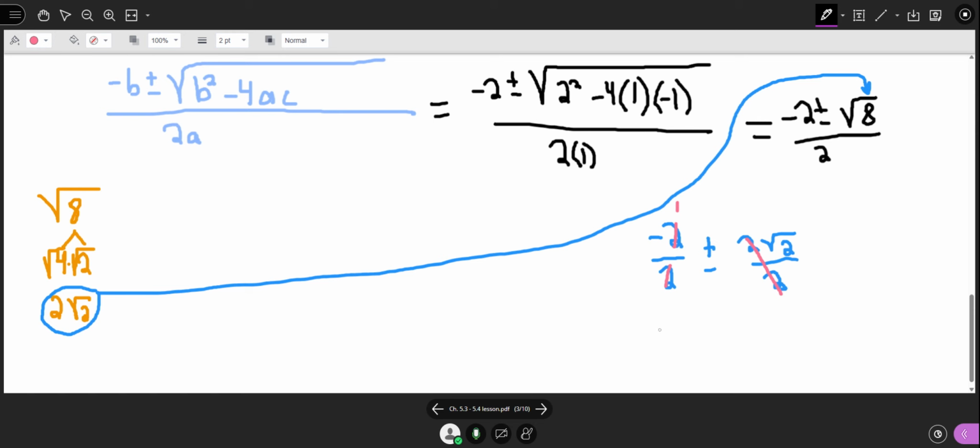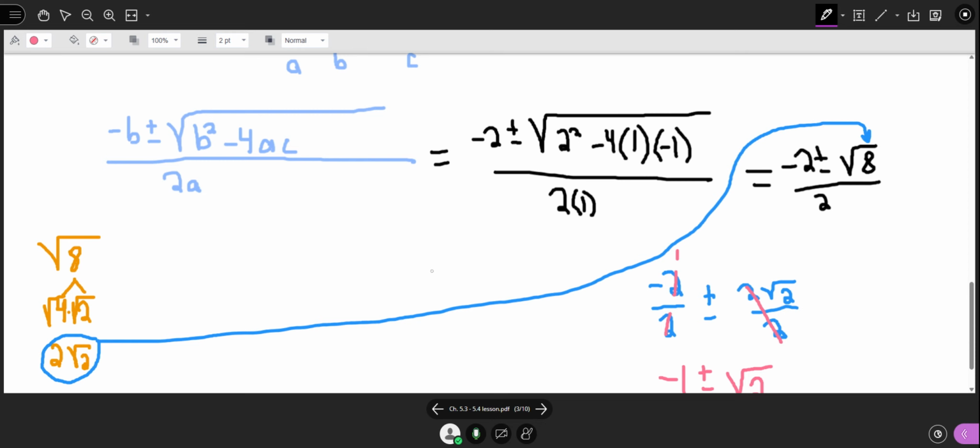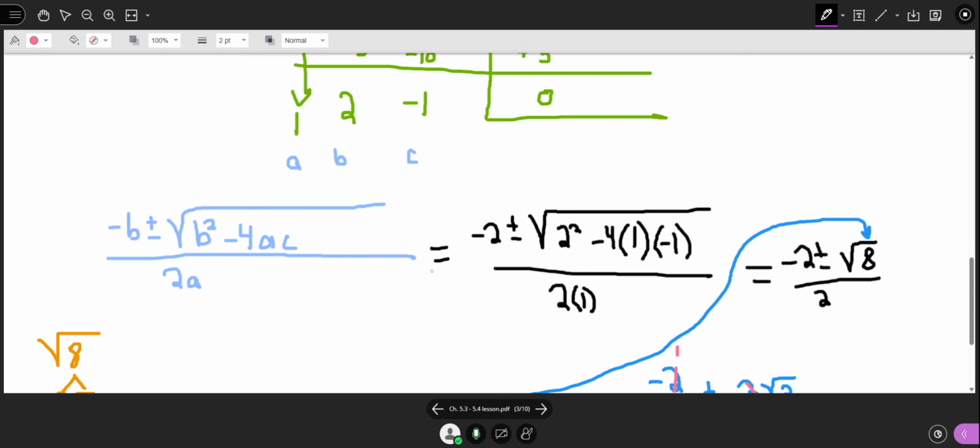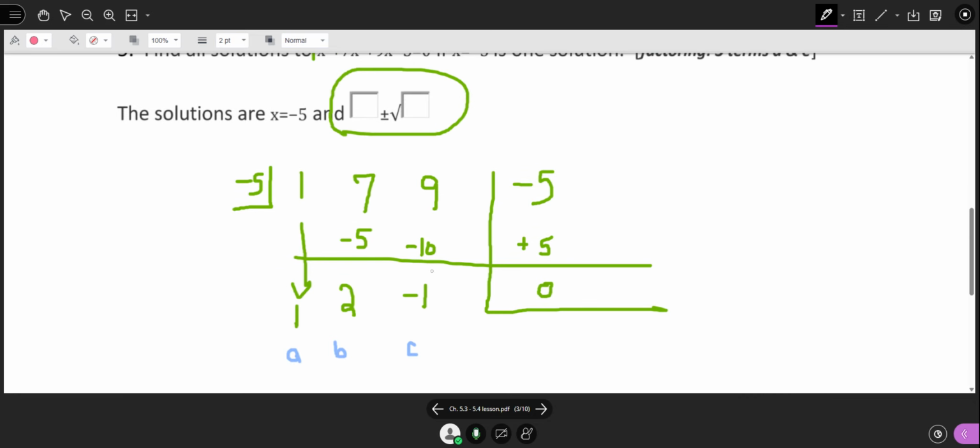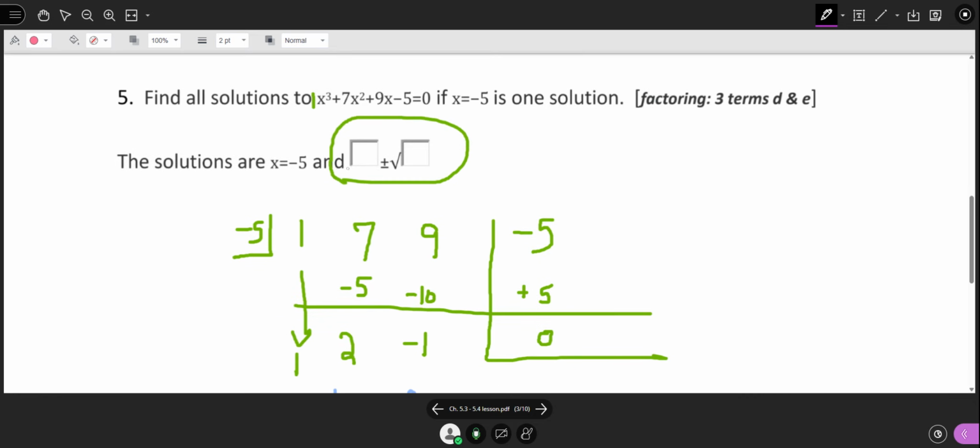Choppa choppa. Woo! Yuck. So remember in, I think it was chapter 1.6, we had to simplify square roots? That's why. Now, it already has plus minus square root. So all we have to do is put the 2.